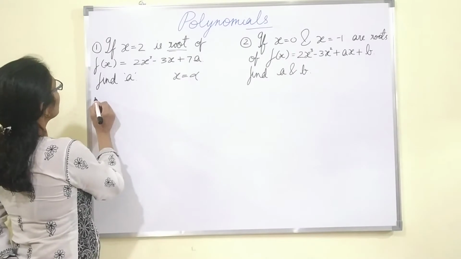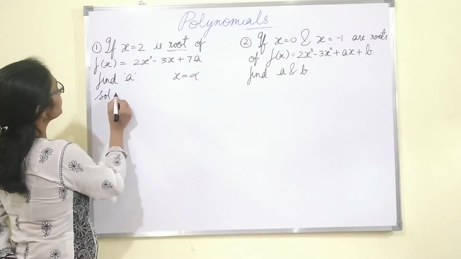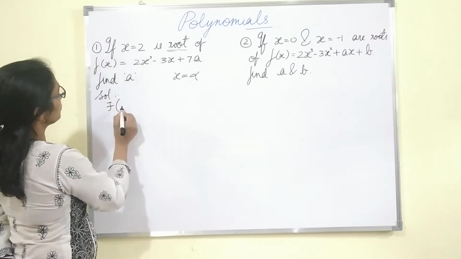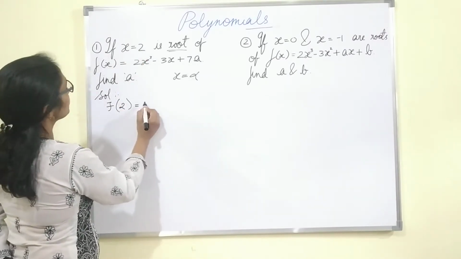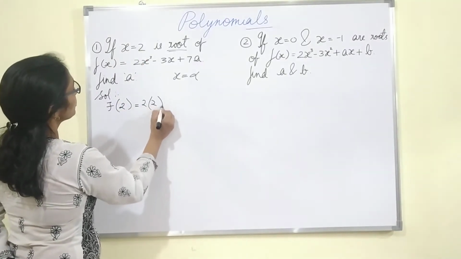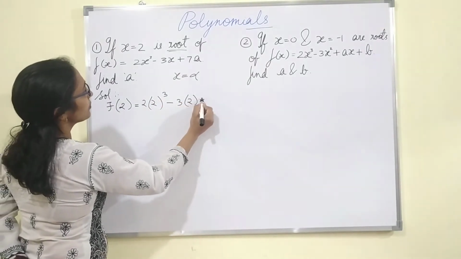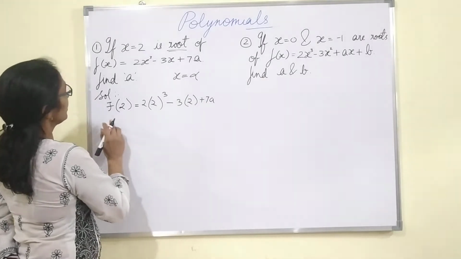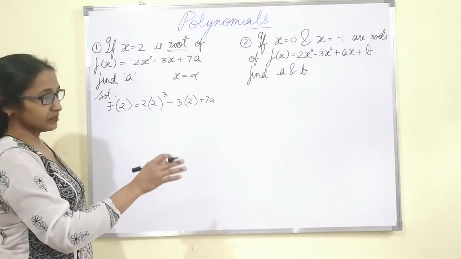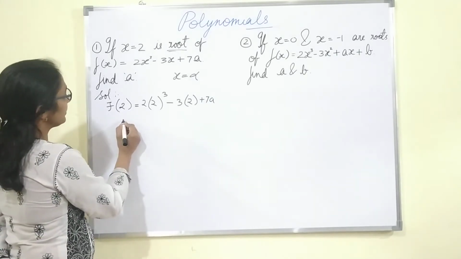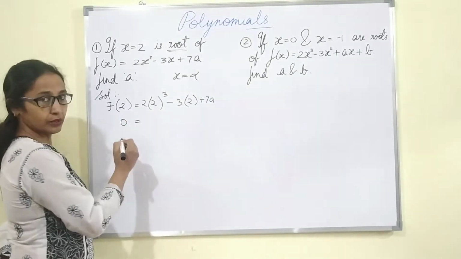Okay, so now we start the solution here. f(2) = 2³ − 3 × 2 + 7a. Just now I told you to make the value 0, so I will equate it with 0.